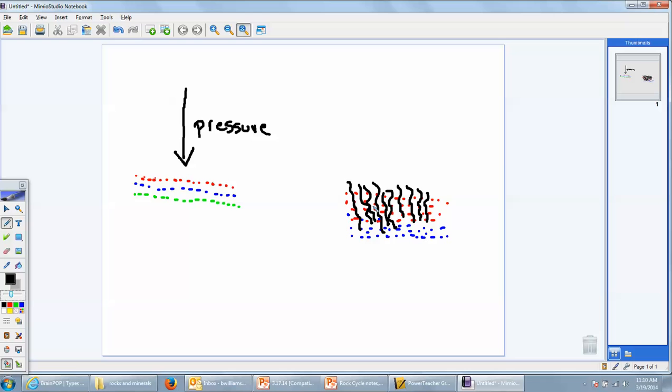And that material starts to bond all of that sediment together, and that forms a sedimentary rock. A lot of times in cemented sedimentary rocks, so sedimentary rocks formed by cementation, you have really big chunks of different pieces of material. So let's go back to our notes here.